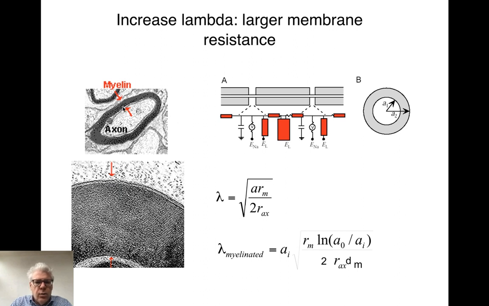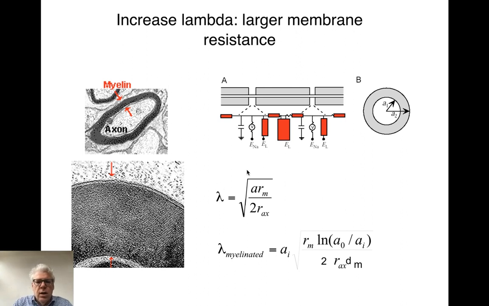Well, myelin is a way to increase the membrane resistance Rm, because it is essentially a non-conducting substance. And we do know we have a lot of myelinated axons in our body. So myelin essentially increases the membrane resistance, and that increases lambda.